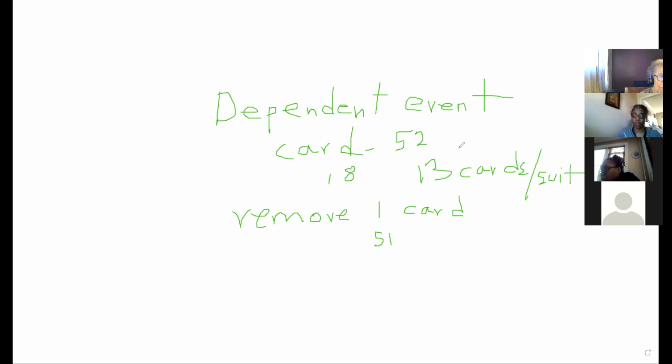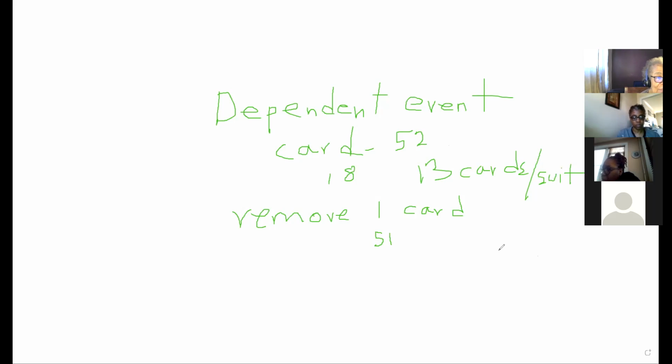You don't use that 52 as the possible for your next probability. You would use the 51. So that's a dependent event. If you took out a heart, you now have 12 hearts left. That's what we mean by a dependent event: one where the event that occurred before affects the one that occurs after.